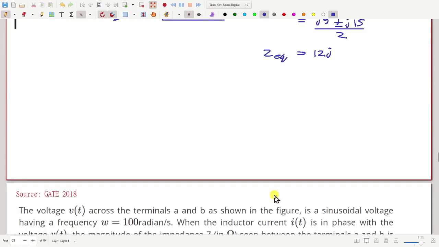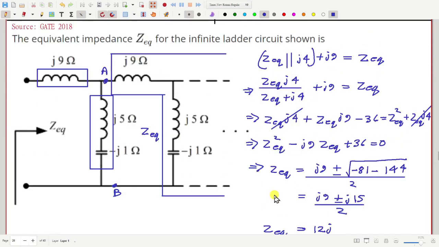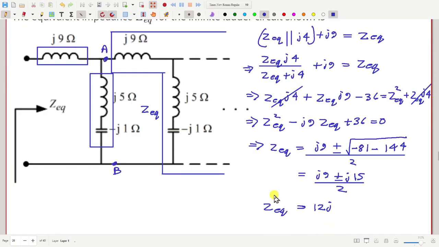Sir, can you repeat why the positive one? Yeah, so the other possible answer was minus 3J. But minus 3J represents a capacitive impedance overall. This is not possible because you see what do we have? Here we have a capacitor and an inductor in series, but the inductive impedance is larger.